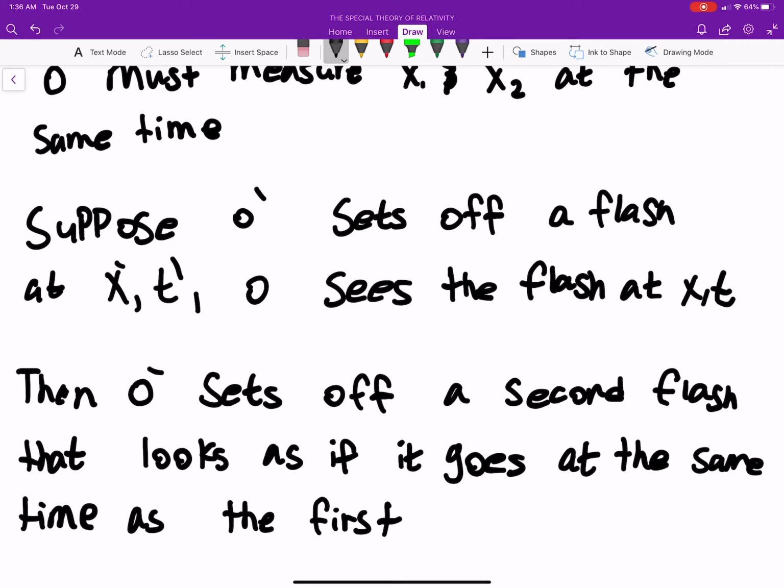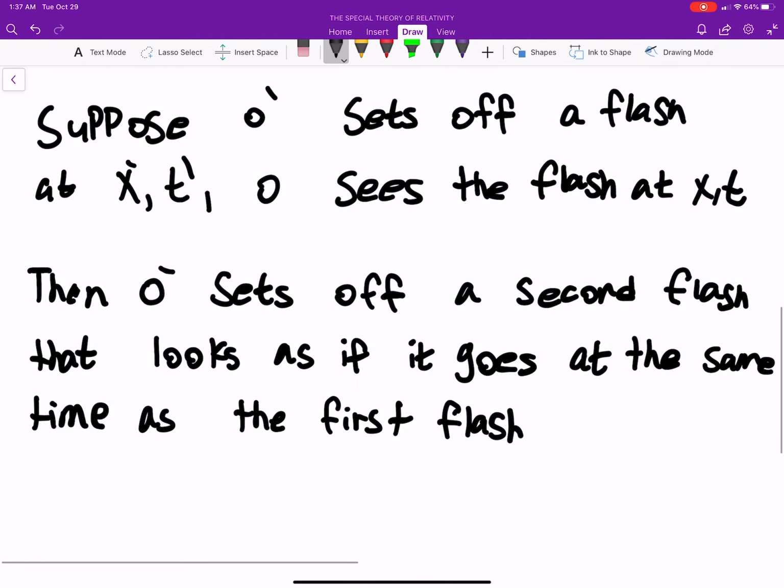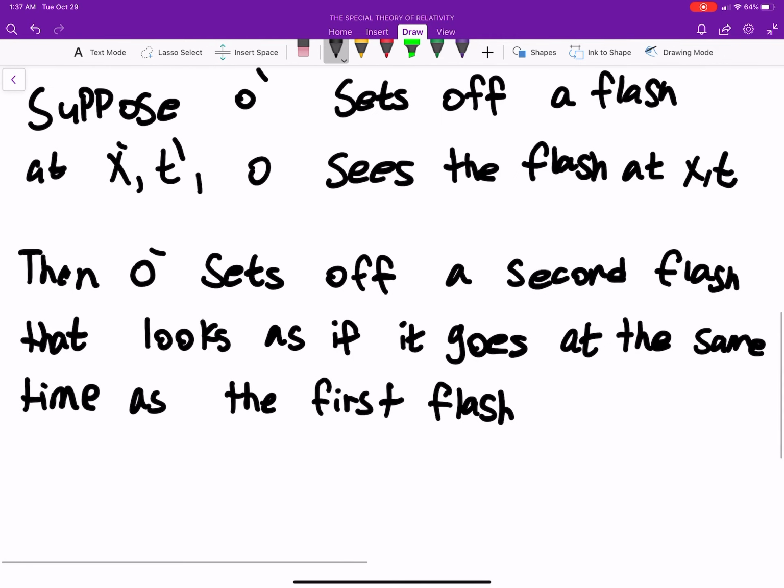Now, I could do a video on this if you guys would like, about events lining up and being in sync. Basically, when the flashes would appear to be in sync would be different for both observers. And we want it to appear to be in sync for O. Okay.